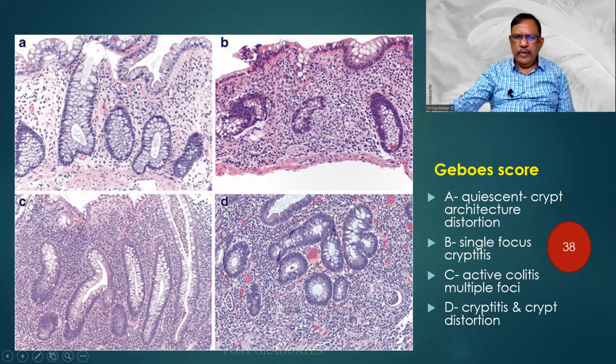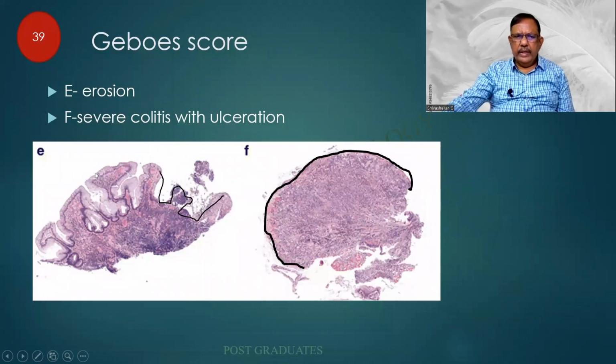In the third one, you find that there are multiple regions of inflammation, whereas it is diffuse cryptitis in a case of D. So the crypt is getting involved. Also, there is an erosion in this particular region, which is F. And finally, there is an extensive ulceration with severe colitis. So this is the Gabler's score which you people shall mention.